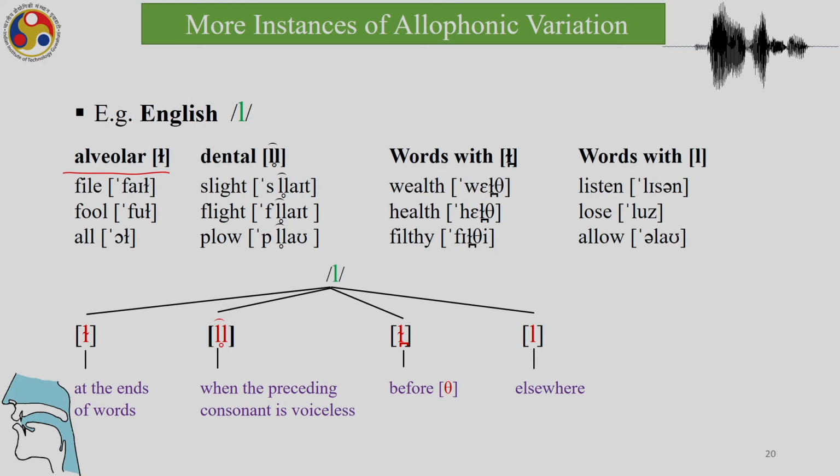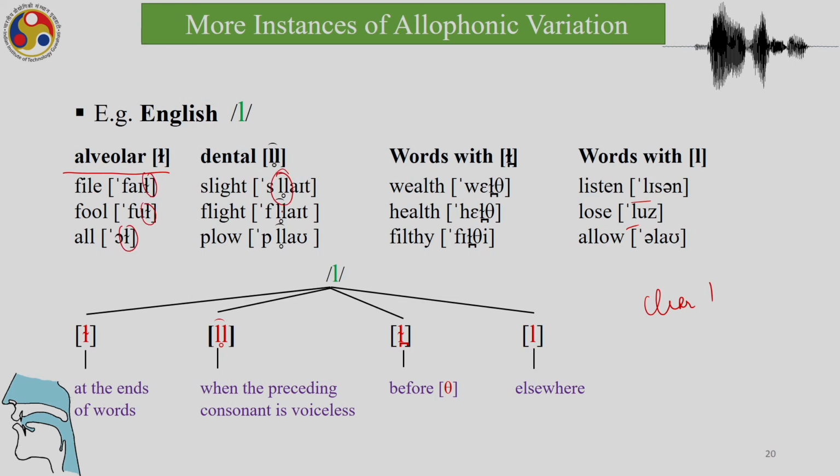So here we have a devoiced L. Here we have a velarized or dark L, and then we have one which is sometimes called clear L. Okay. So now we have a velarized or dark L here.